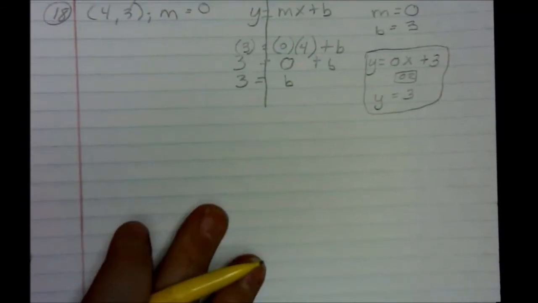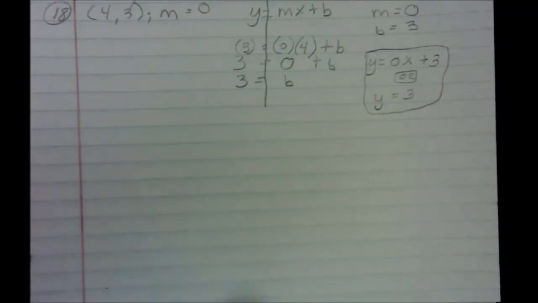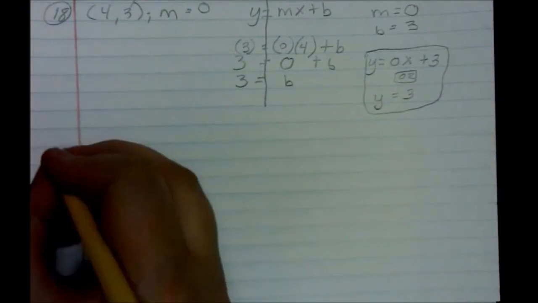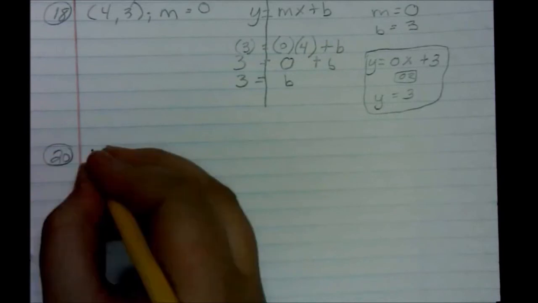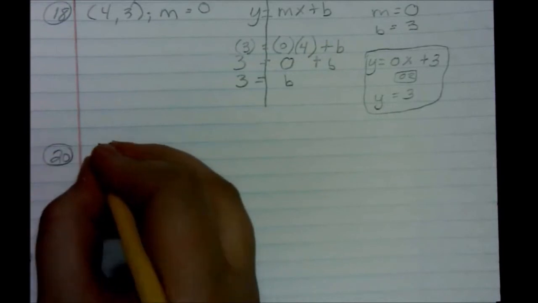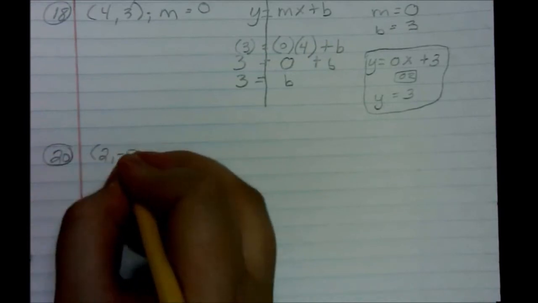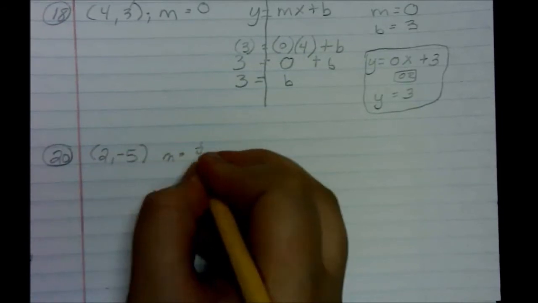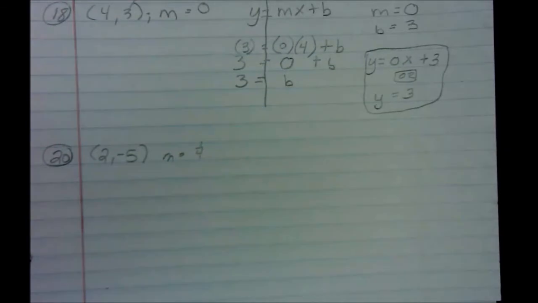All right, next we have number 20. On number 20, they give us the point (2, -5), and our slope is 1/4. So I need to write the equation of a line.